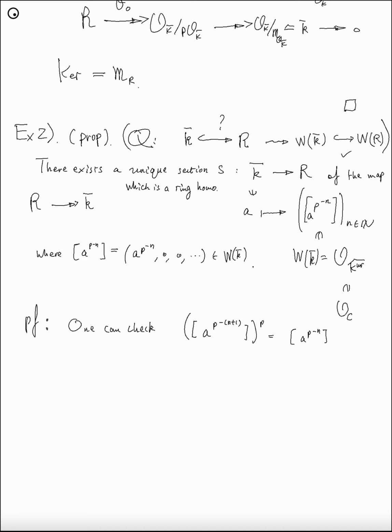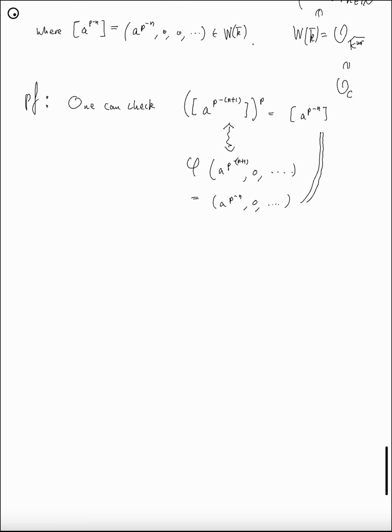Raising to the p-th power. So this corresponds to the Frobenius, and the Witt vector of this, which in the characteristic p case is just raising to the pth power componentwise, and this is just this. Right, this is this. Good.